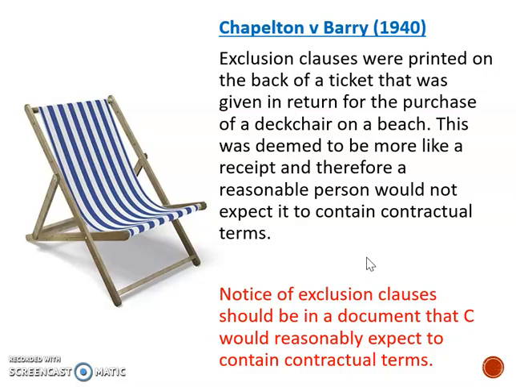And also in Parker, the ticket said "see back," whereas in this case, there was no such warning on the ticket. So I think what this case is showing is that you've got to look quite closely at the individual facts in your case or your scenario to determine, is it reasonable to expect an exclusion clause to be on that document? Has it been drawn to their attention before or at the time that the contract was entered into?